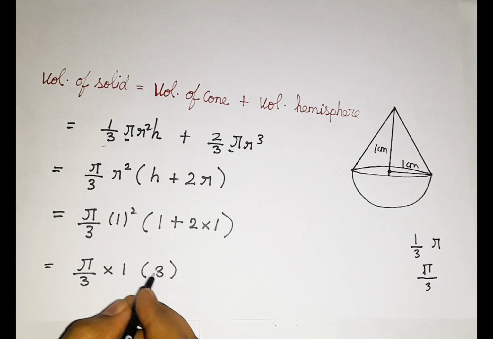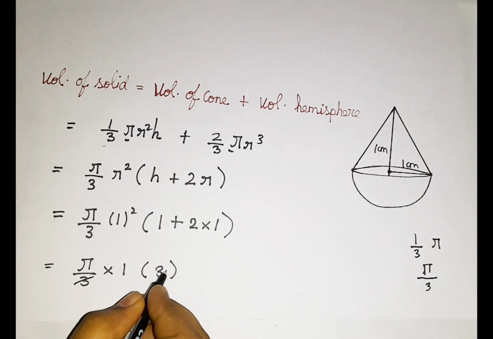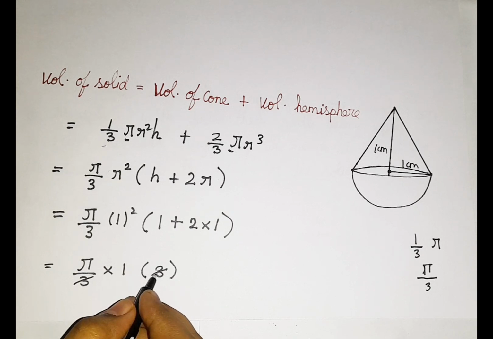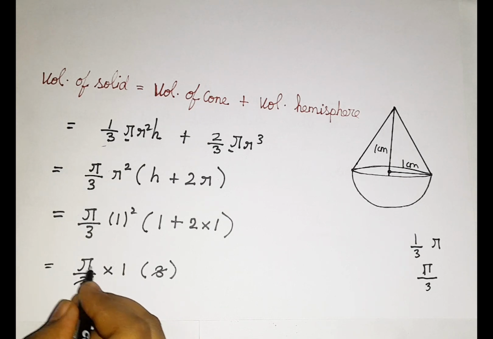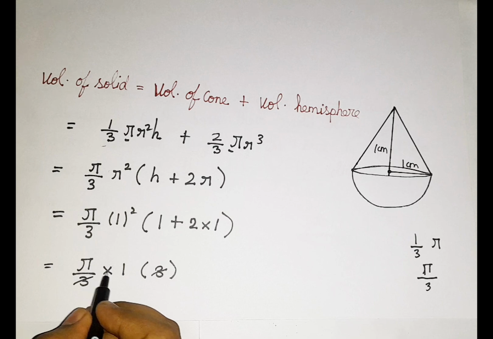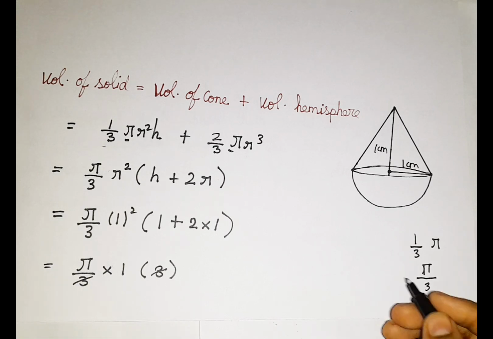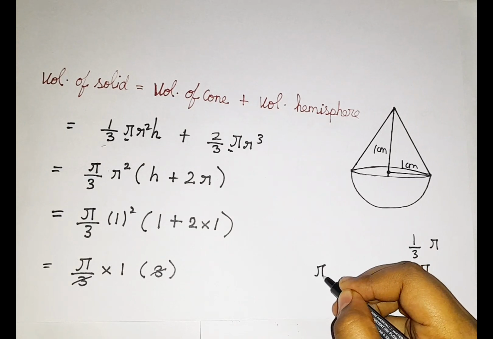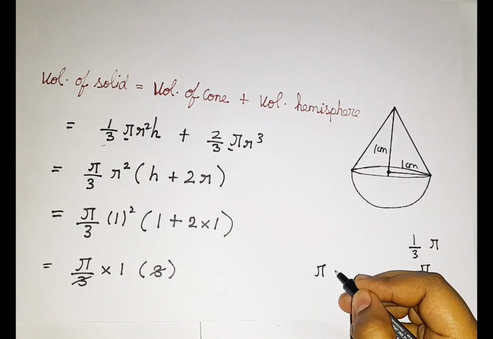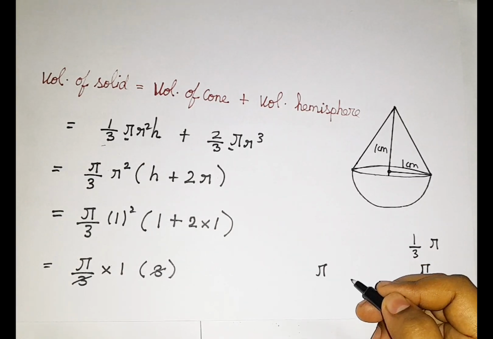So that's why I just wrote 3. We can actually cancel them. When I cancel them, now we have pi into 1, and pi into 1 is pi. So finally we got an answer, that is pi.